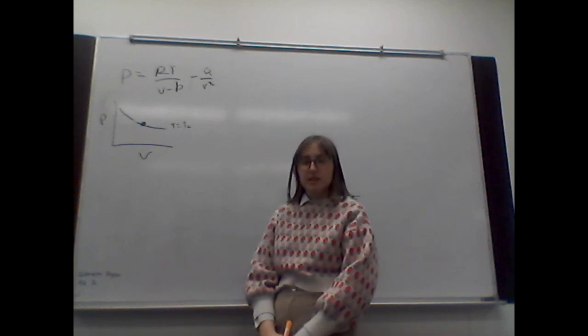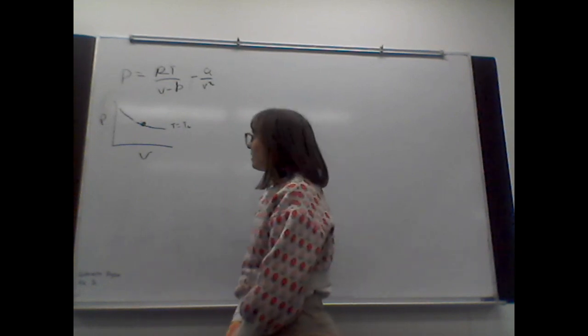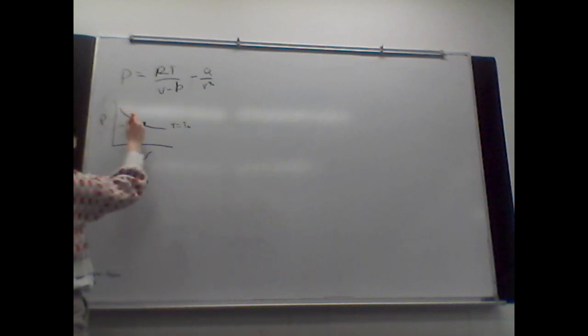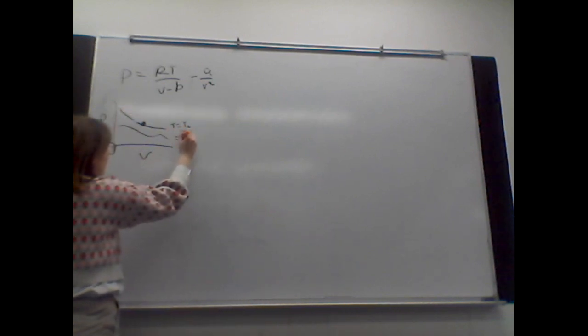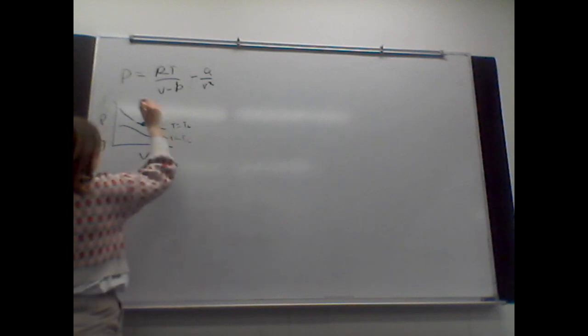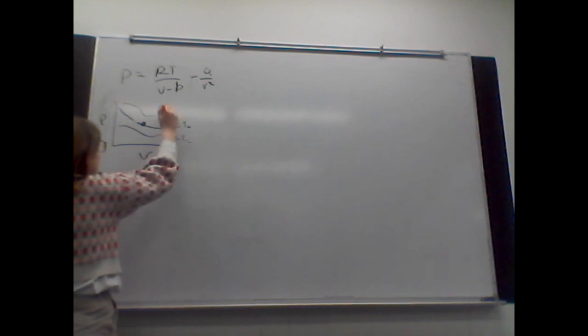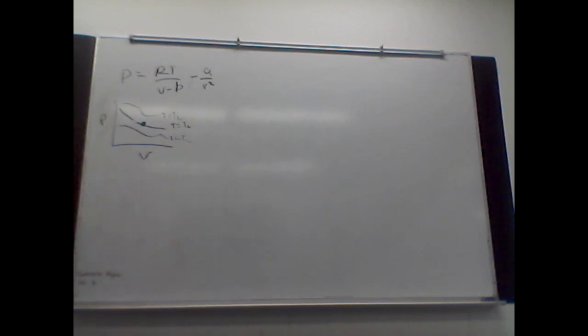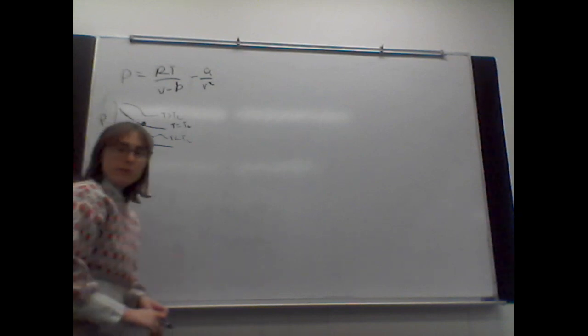And this is the curve where the temperature is less than the critical temperature, and this is where the temperature is greater than the critical temperature. Okay, so this is the inflection point. This is what we need to know.